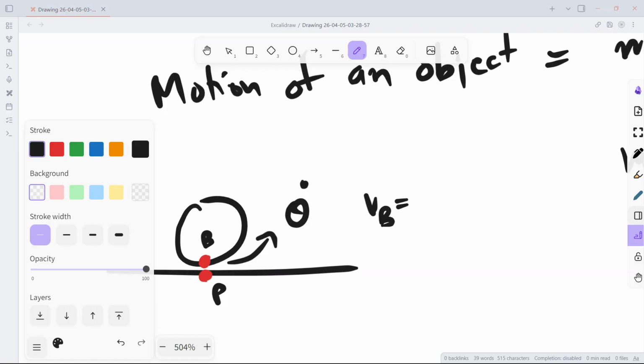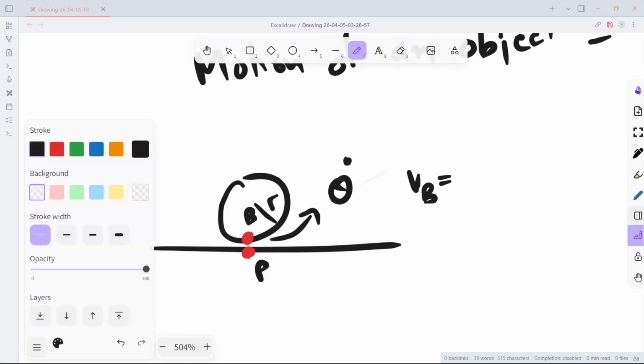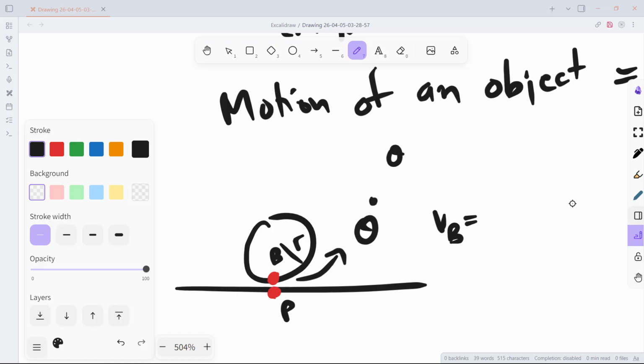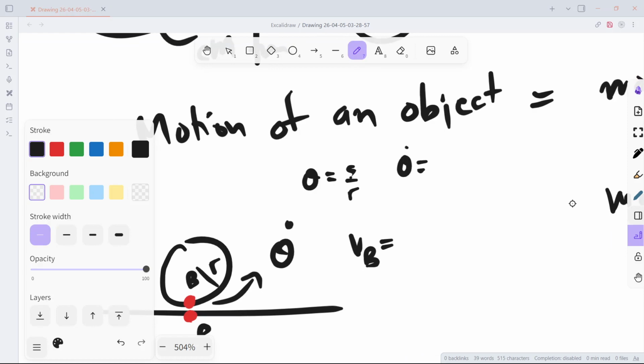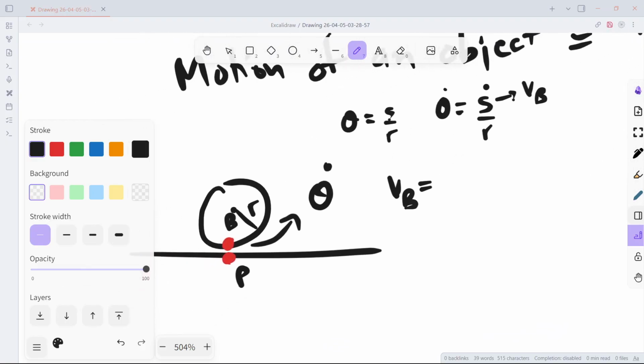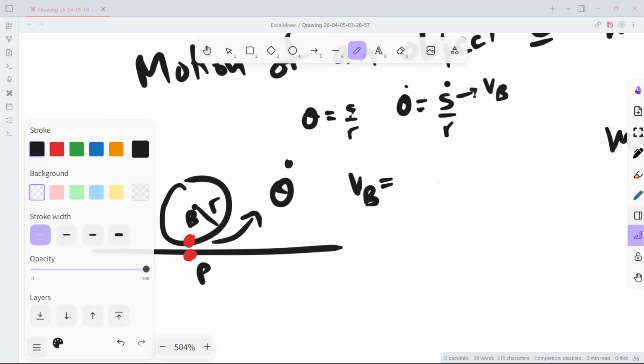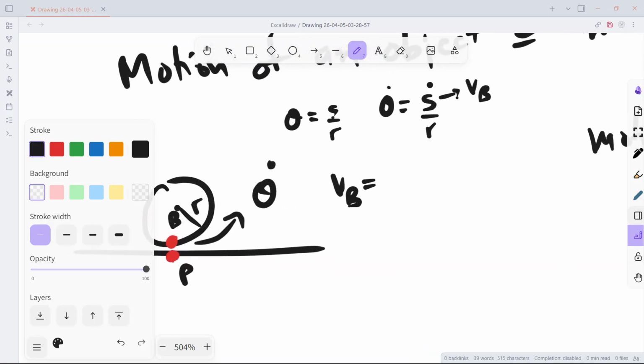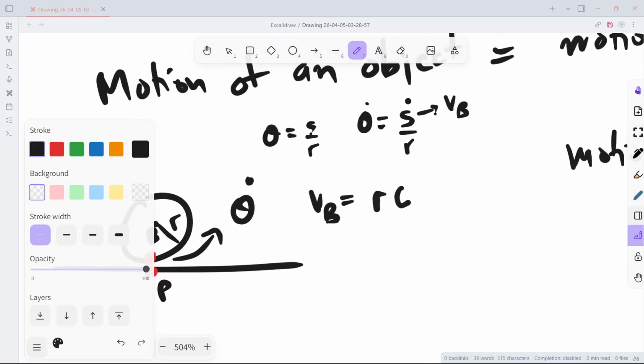If this is R, then theta equals S over R. So theta dot equals S dot over R, where S dot is just V at the bottom. So in the center of mass frame, V at the bottom will be R theta dot.